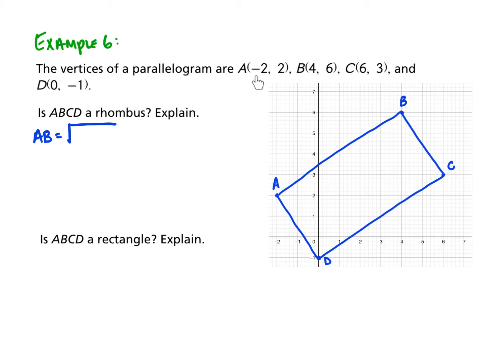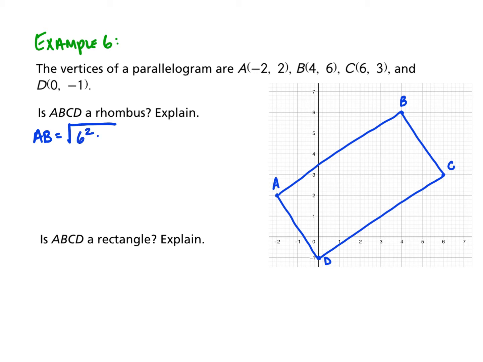I can see that A has an x-coordinate of negative 2, and B has an x-coordinate of positive 4. To get from negative 2 to 4, I think of it as first I have to go from negative 2 to 0. We can look at that on the number line here. From negative 2 to 0 is 2 units, and then I've got to go 4 more units to get to positive 4, for a total change of 6. So my delta x is going to be 6.